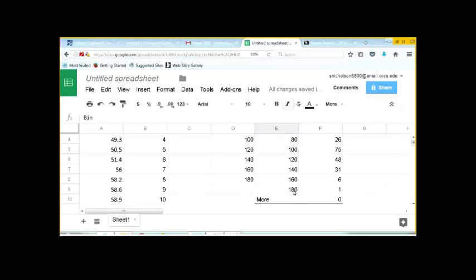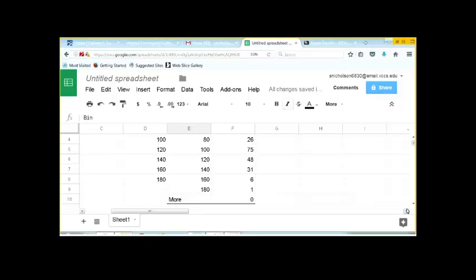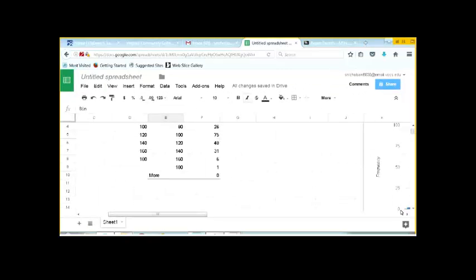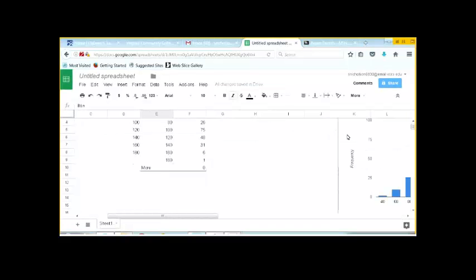And I go down and I see that I've got one that's between 160 and 180, and I've got none that are more than 180. So I did a good job. Applaud for myself, and there should be a graph somewhere here. There it is. So there's the corresponding graph that's over here.